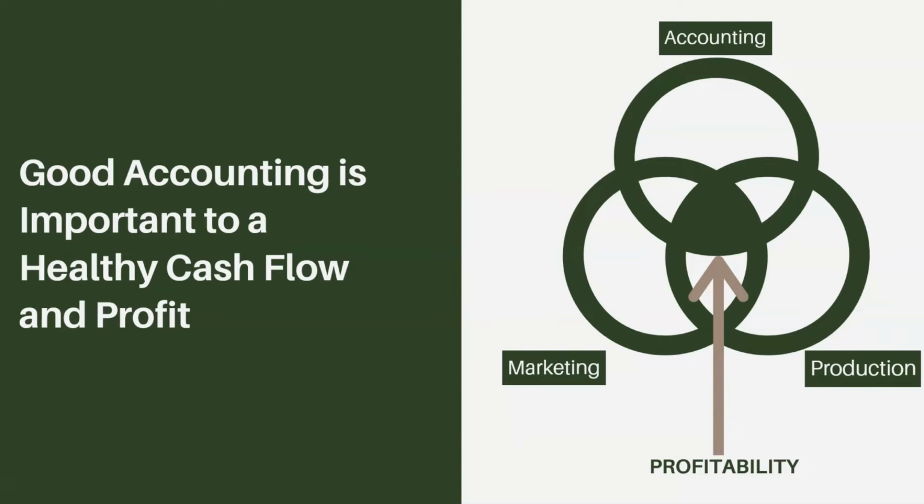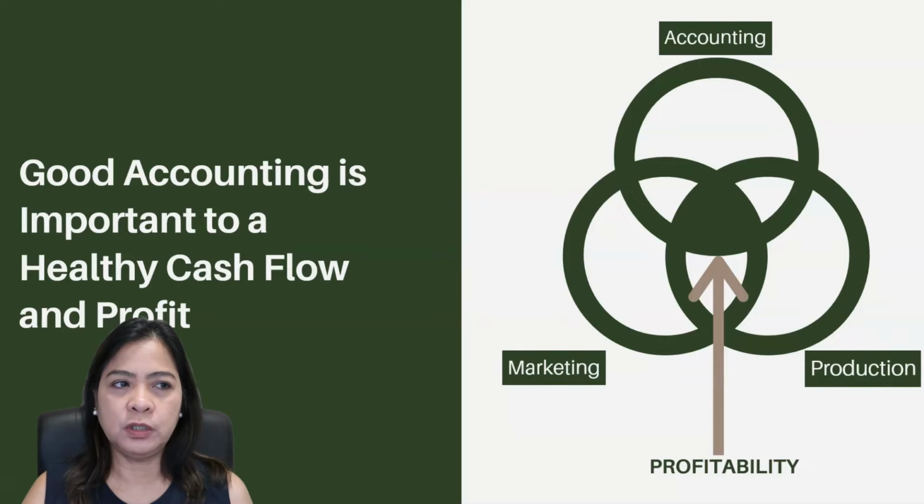Now, when you talk about the financial information system, that's really important for a healthy cash flow and profitability of your business. Accounting is summarizing all the financial transactions that occurred in your marketing and in your production. These three are really the pillars of the business.